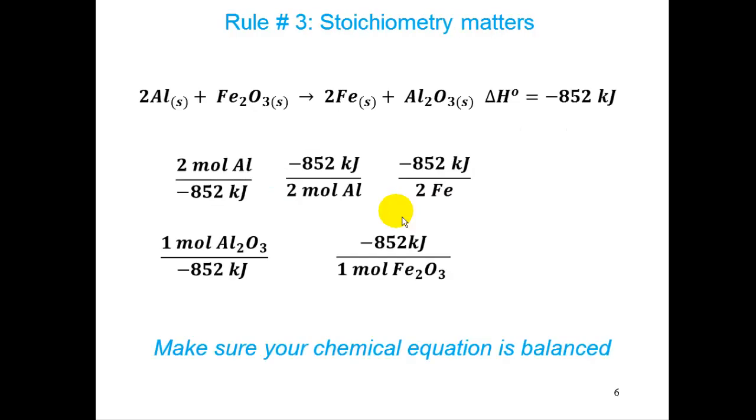Rule number 3 is stoichiometry. So we always want to balance our equations. And from that balanced chemical equation, we can get relationships. So the relationships from a balanced chemical equation, now that we have enthalpy, has to do with the number of moles coming from the balanced chemical equation.